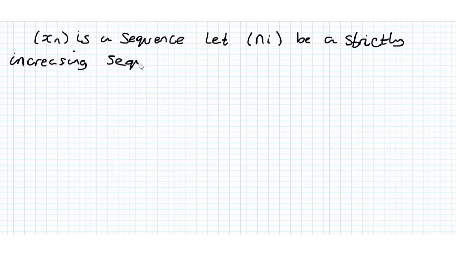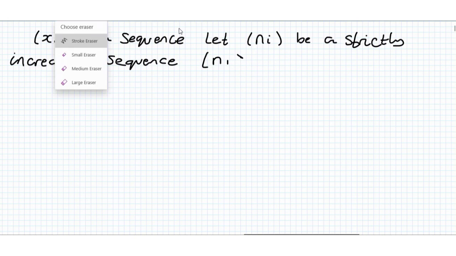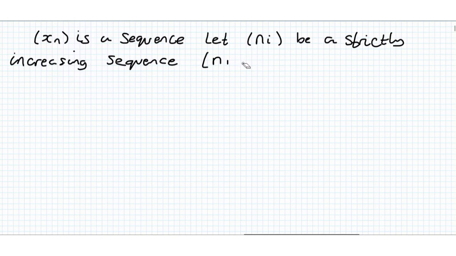A strictly increasing sequence just means that n_1 is less than n_2, less than n_3, and so on, and the sequence goes from i equals 1 all the way up to infinity.